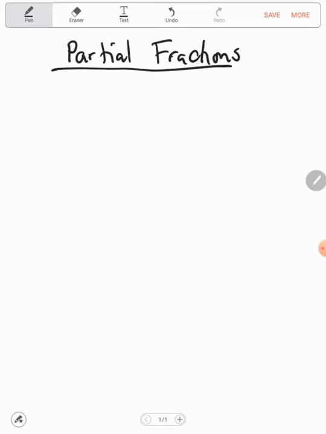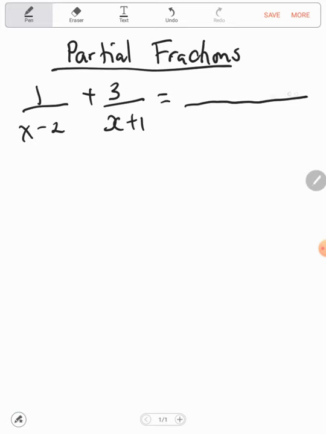revise it. Okay, so if we have a function 1 over x minus 2 plus 3 over x plus 1, how can we make this into a single fraction? Then our common denominator is x minus 2 and x plus 1.